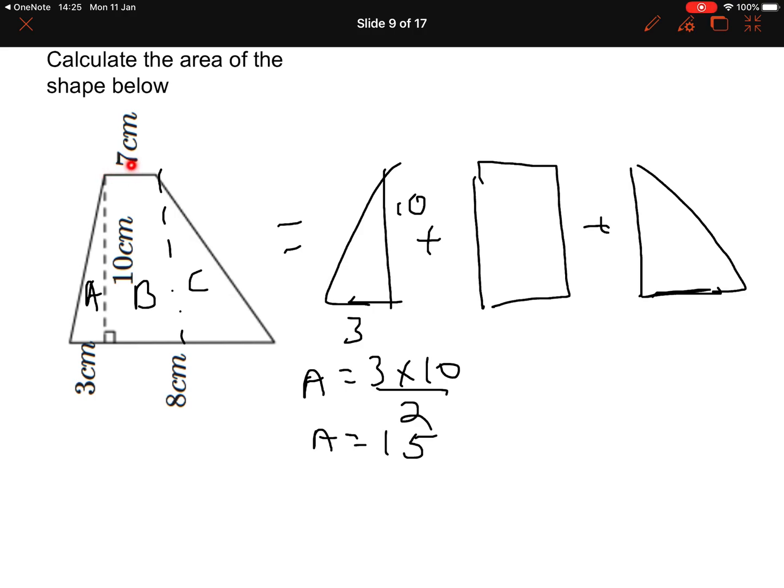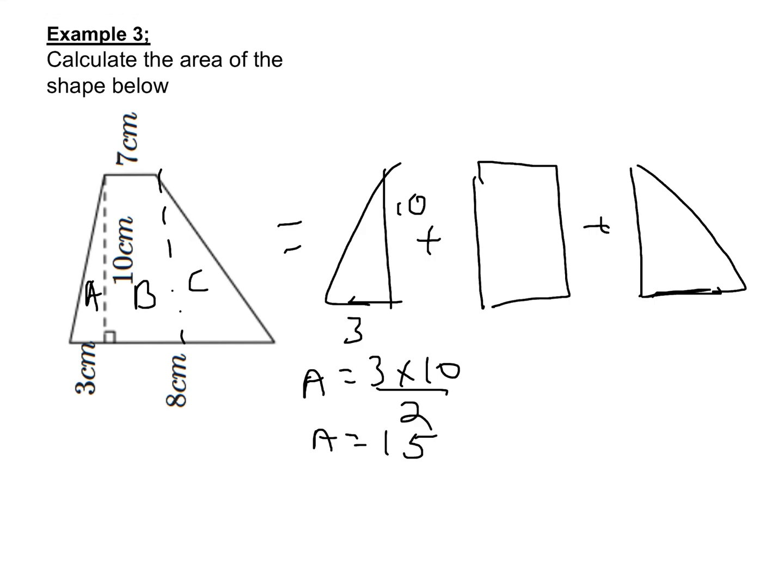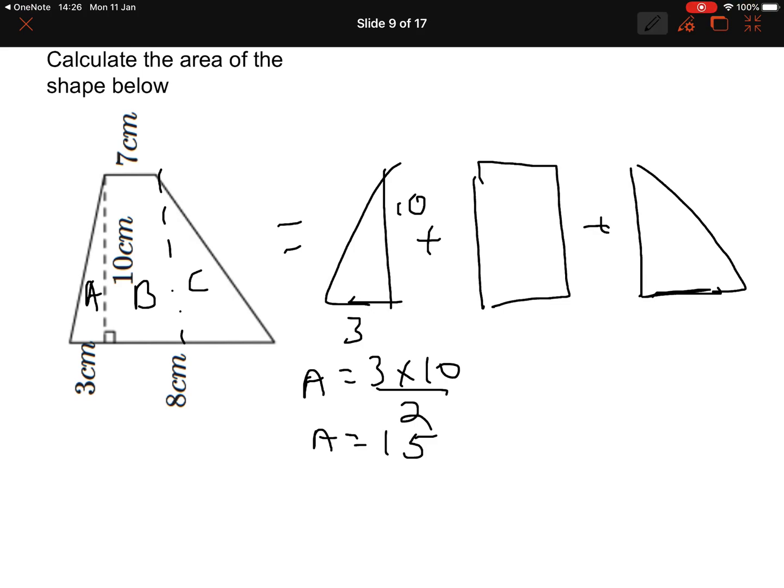But the distance, if you go on top, from this point here to this point is going to be 7. Okay, so we know that for B, opposite sides are exactly the same. So that the distance from there to there is 7. The distance from there to there would also be 7.